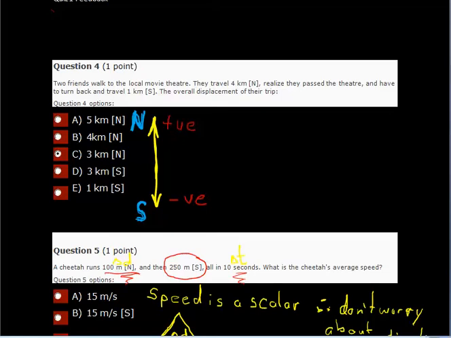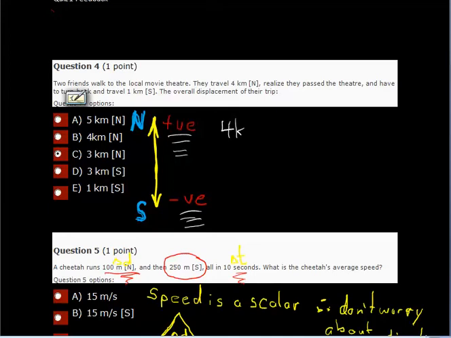Now, this is a vector problem because it's dealing with direction. One handy thing to do with direction is make one way positive, one way negative. Here I've made north positive. You don't have to. You can do it the other way around, but it's always wise to make sure one way is positive, one way is negative.